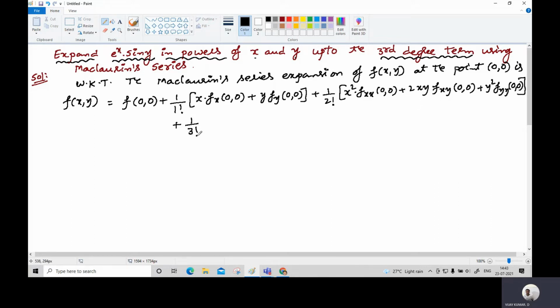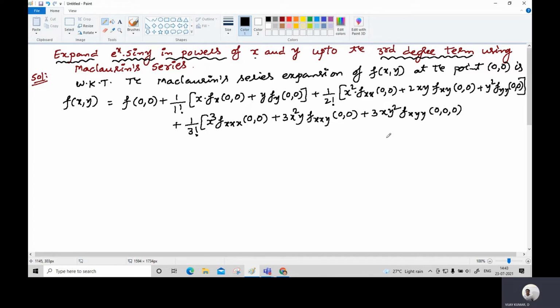Okay, 1 by 3 factorial whole into x cube f triple x. Clearly this term should be in the form of the a plus b whole cube formula. Don't forget it. At origin plus 3x square y, since x has square you should write f double x y at origin, plus 3xy square, since y has square you should write fx double y at origin.